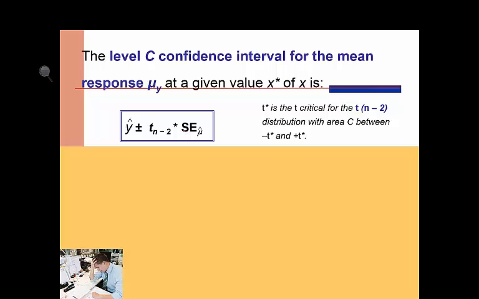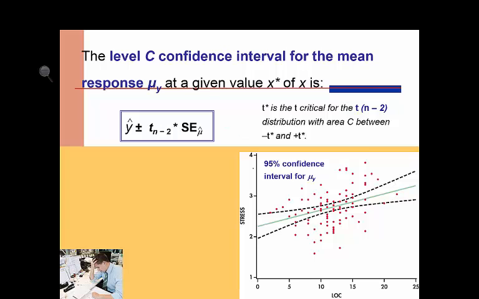I'll show you again in Minitab how to look at that. But if you were to construct a confidence interval, this is what it looks like around the line. For each value of x, there is an interval for the average y.